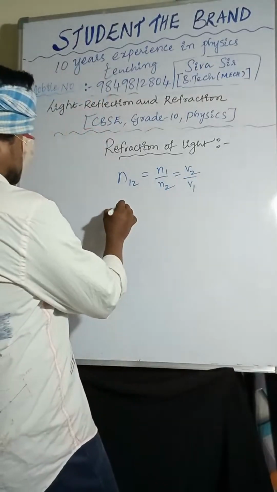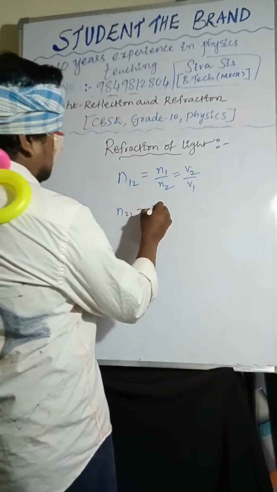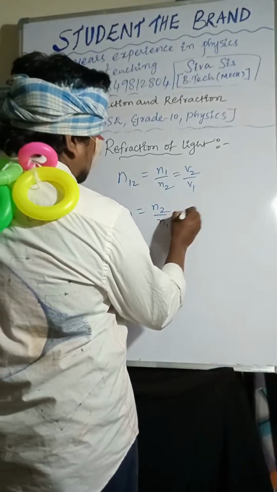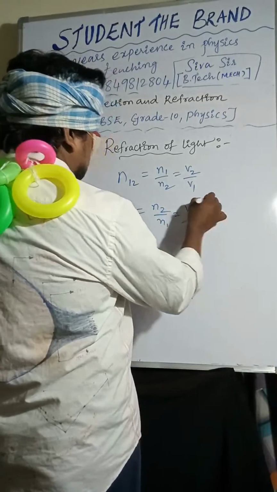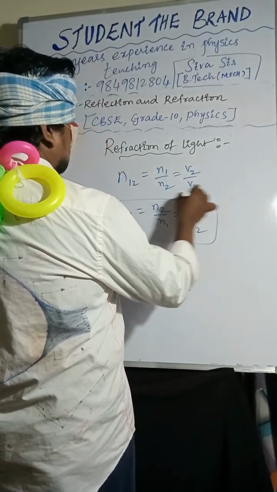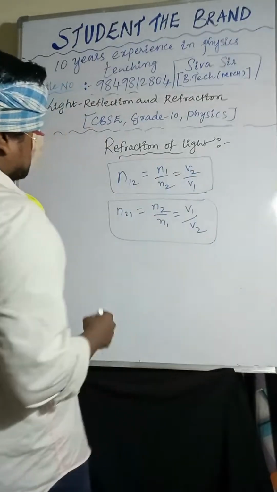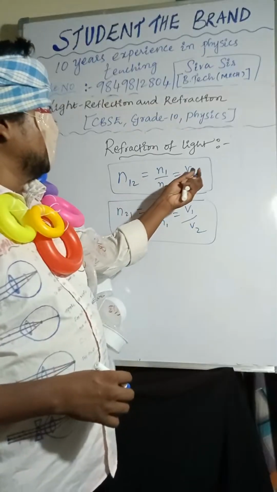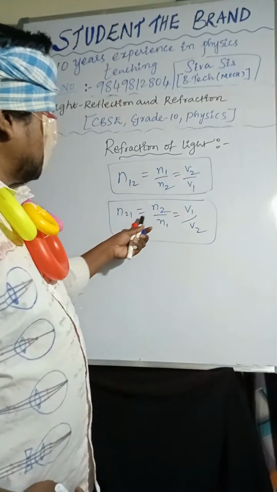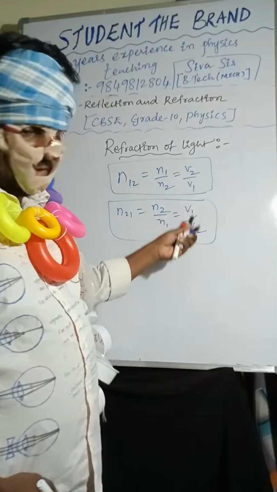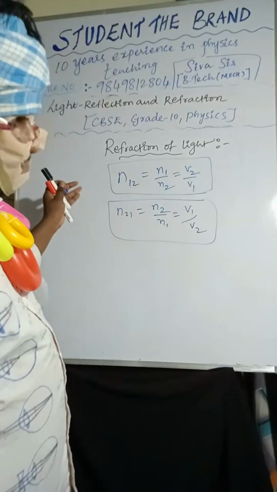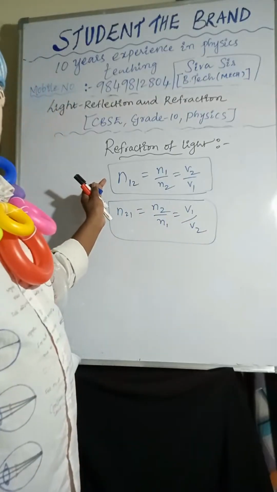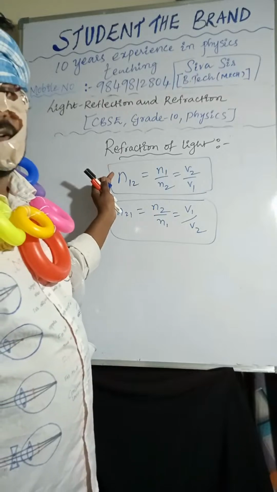And n21 equals n2 by n1, which equals v1 by v2. So this is about relative refractive index.